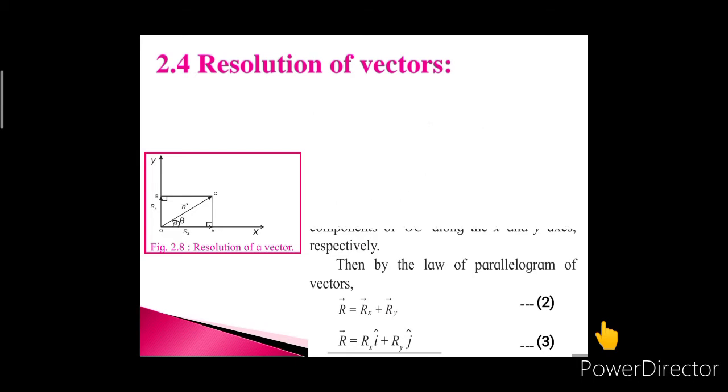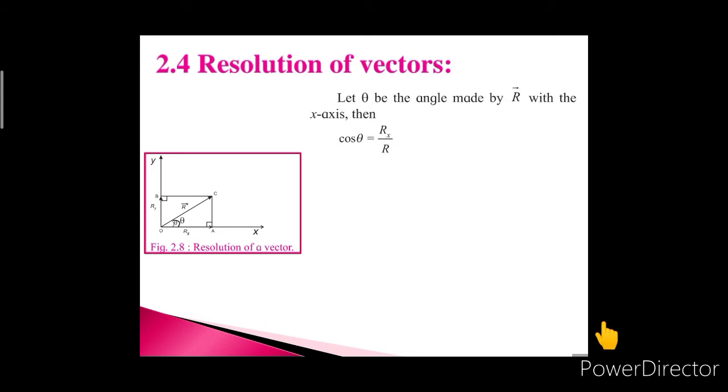Now next, let theta be the angle made by the vector R with the x-axis, and as we had already dropped a perpendicular from the point C to meet the x-axis at point A, we can consider this right angle triangle OCA and take the value of cos theta, which is nothing but adjacent upon hypotenuse.